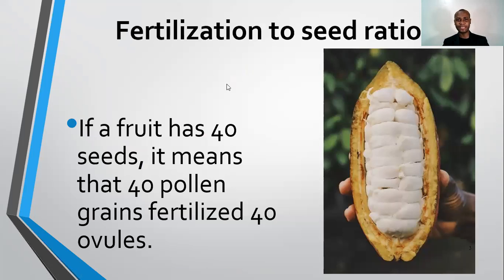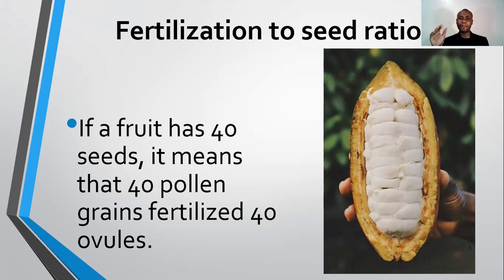So now let's begin by looking at the fertilization to seed ratio. If a fruit of cacao has 40 seeds, it means that 40 pollen grains were fertilized. 40 pollen grains fertilize 40 eggs or 40 ovules.